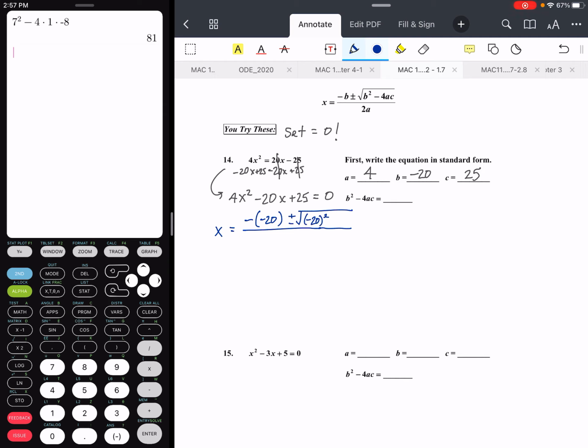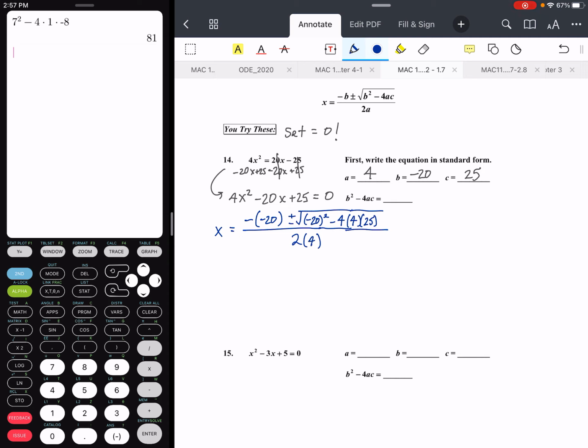And notice I'm putting that in parentheses. Whenever I square any number, whether it's negative or positive, the square is going to come out positive. That's why I continue to put that in parentheses there. So negative 20 in parentheses squared minus 4 times a, which is 4, times c, which is 25. And the whole thing over 2 times 4.